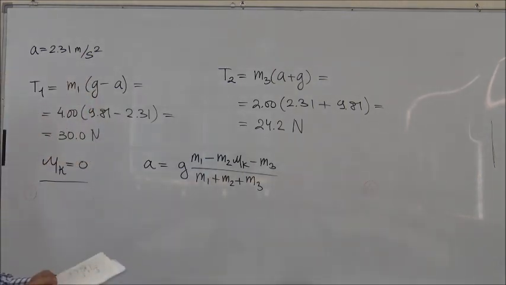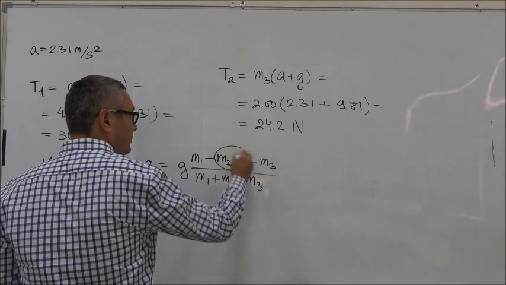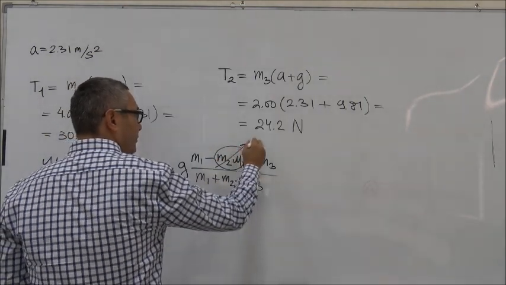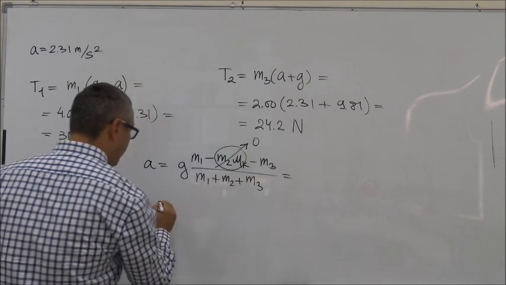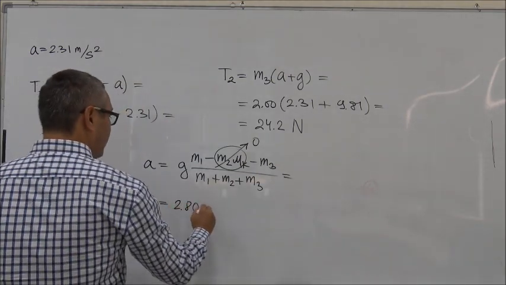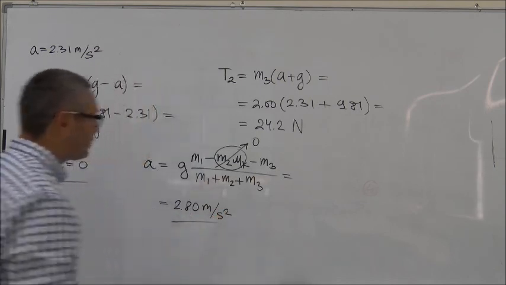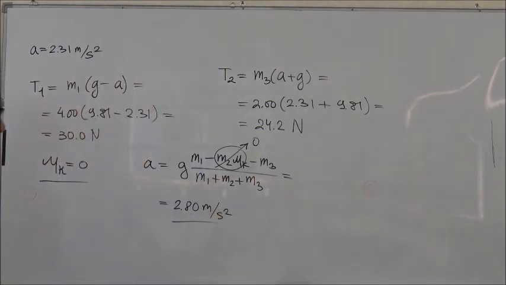If the coefficient of kinetic friction is zero, that is, this part is zero, then you can calculate the acceleration to be 2.80 meters per second squared. So the acceleration of the system will obviously increase if the friction is not there.